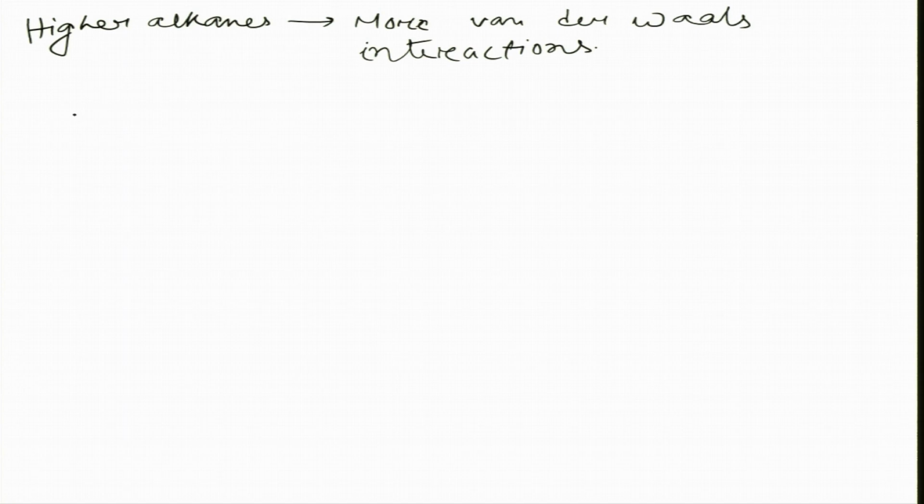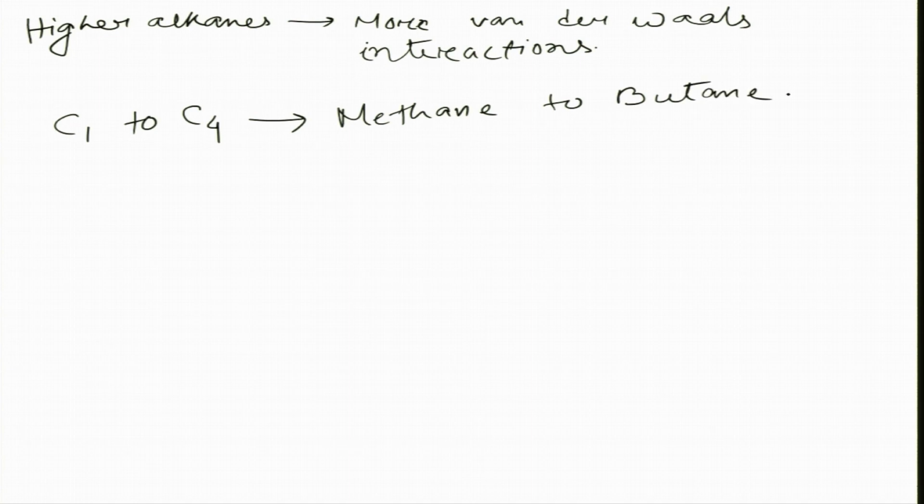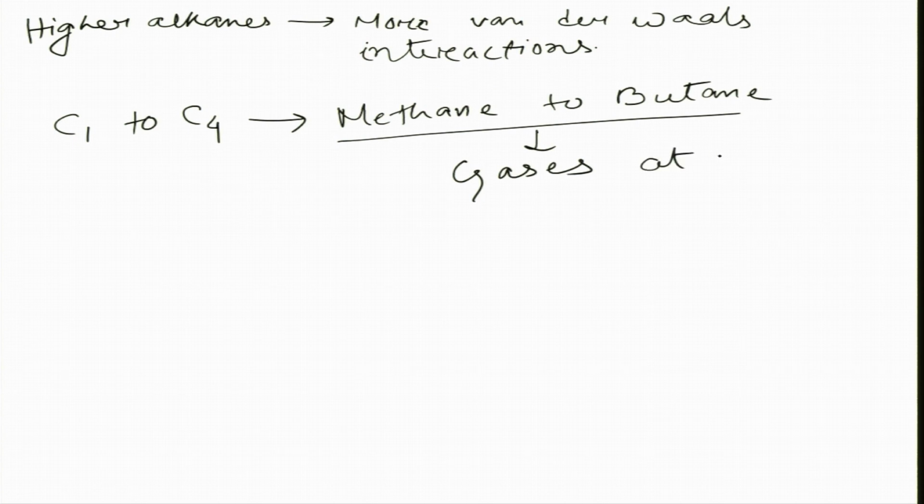From C1 to C4, that is methane to butane, that is methane, ethane, propane and butane, they are gases at room temperature, that is around 298 Kelvin. 298 Kelvin means 25 degree Celsius.